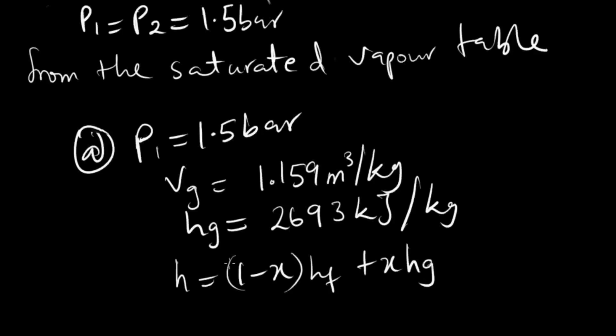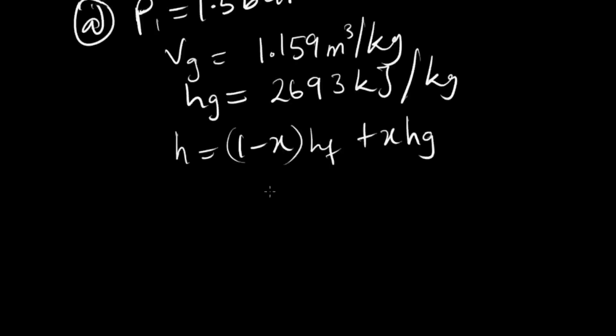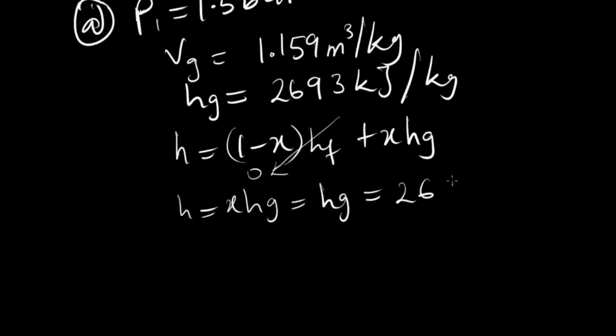Since X is equal to 1, this is gone, this becomes 0. So H is just ordinary Hg that we got before, now it's 2693 kilojoules per kilogram. I think that should be H1.